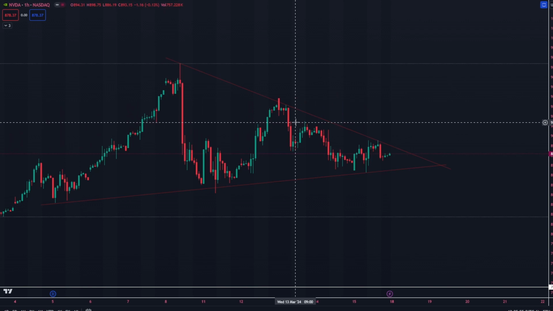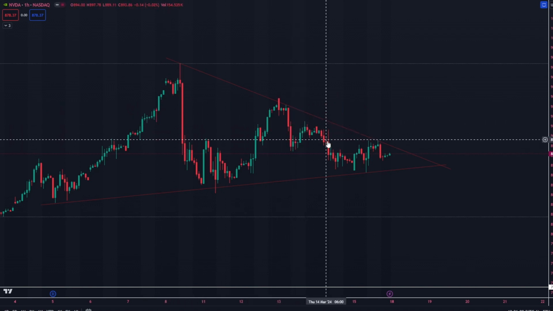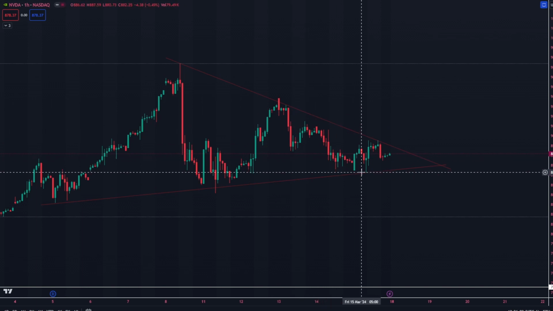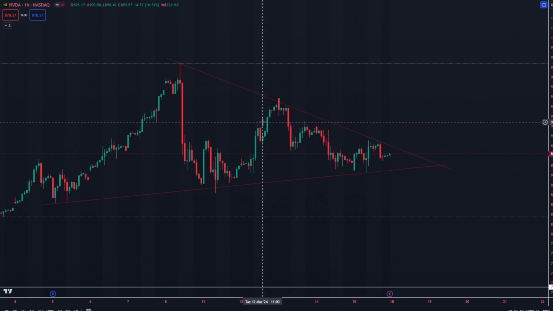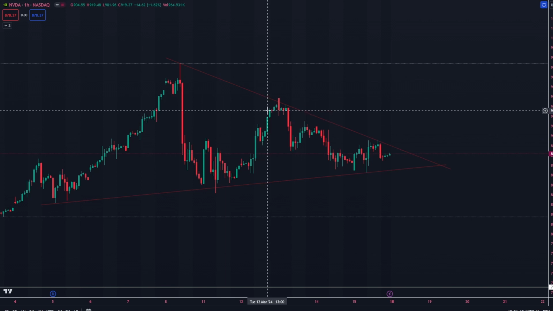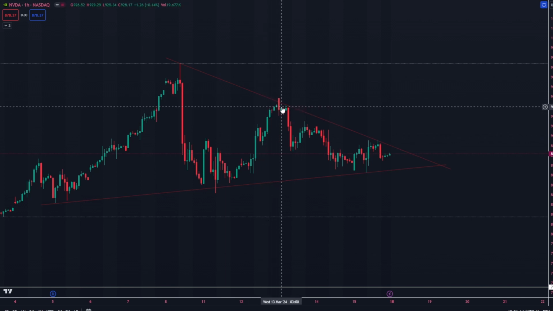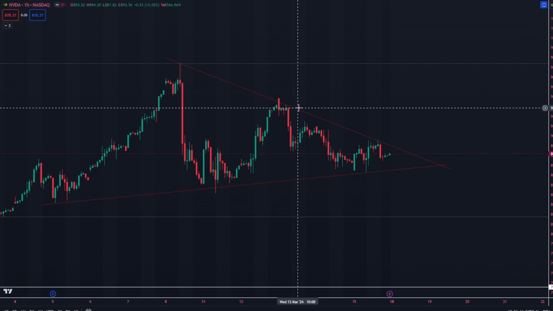Then here, as you can see, below that support, we ended up rejecting, retesting, and then rejecting all the way back down, right? So that's kind of another big level for us, is this 915 level. If we end up breaking above this 915 level and holding above this 915 level, then we should end up seeing, where should we see? Honestly, I'd like to see this 928, 930 level.